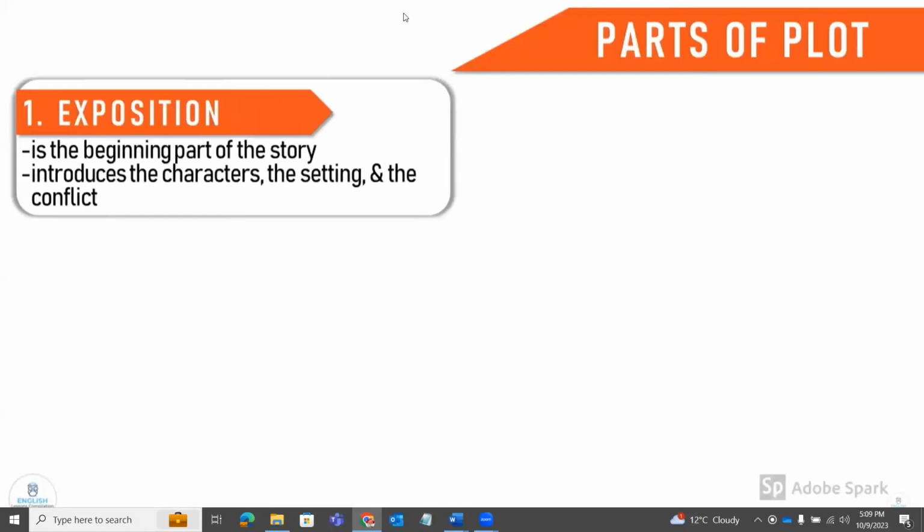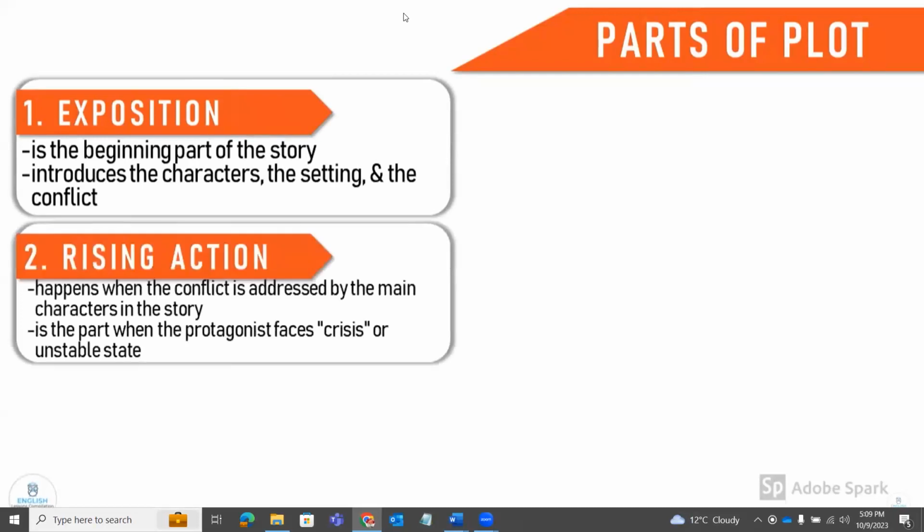Exposition is the beginning part of the story. It introduces the characters, the setting, and the conflict. Rising action happens when the conflict is addressed by the main characters in the story. It is the part when the protagonist faces crisis or unstable state.